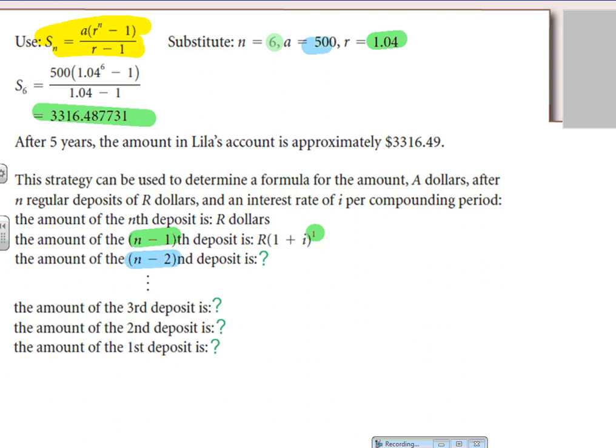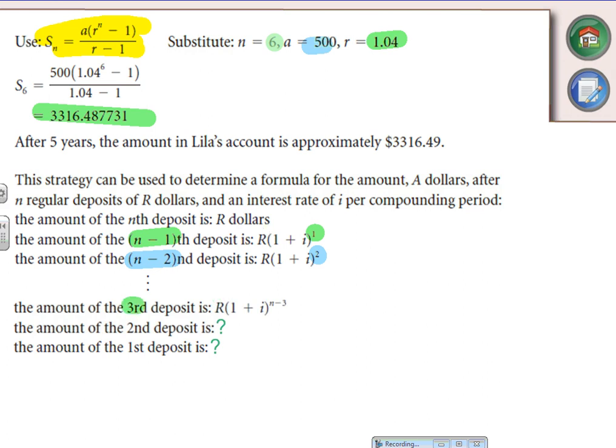The second last one is going to compound for 2 years. We work our way backwards all the way to the first deposit. The third deposit is going to be n minus 3. Second deposit is going to be n minus 2, because that first deposit is going to be able to go for n minus 1 years.